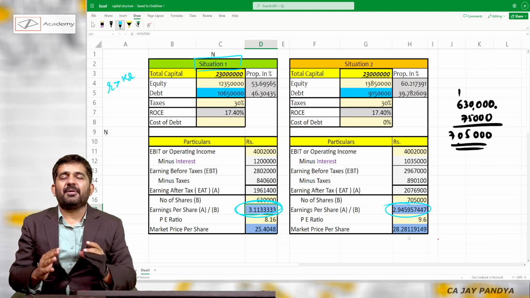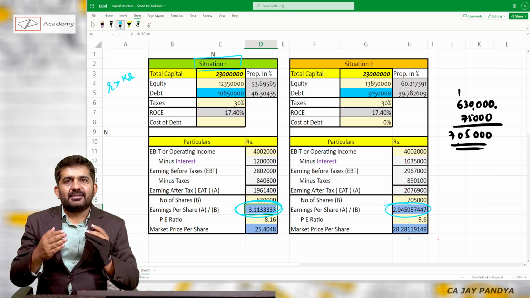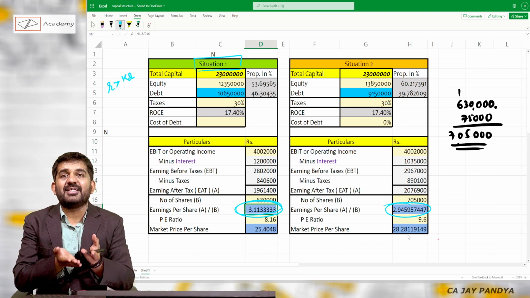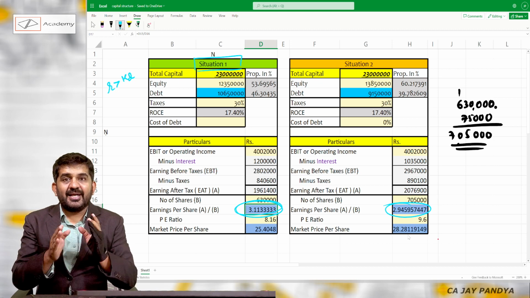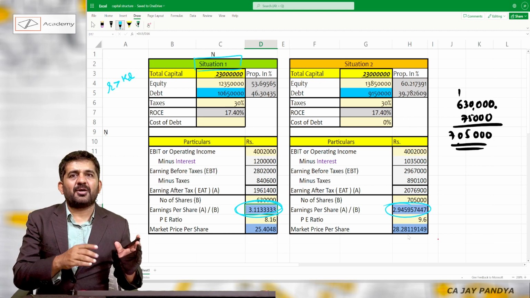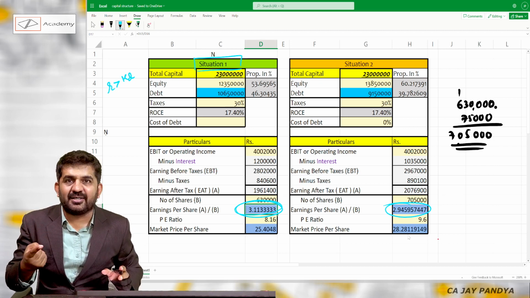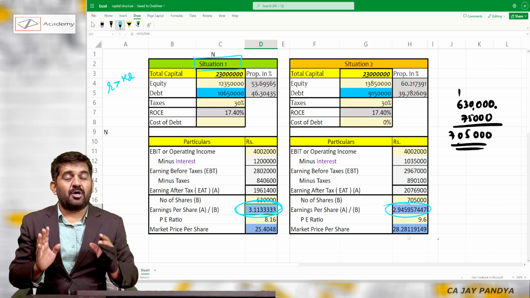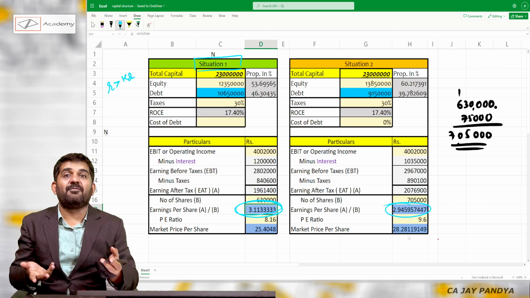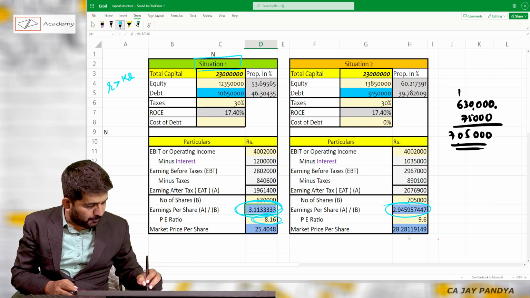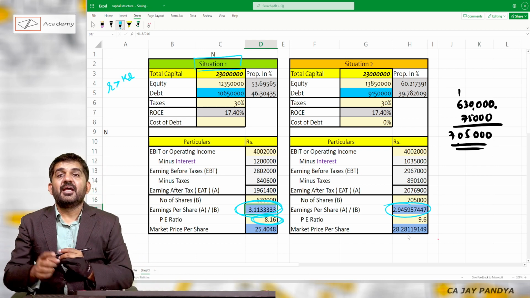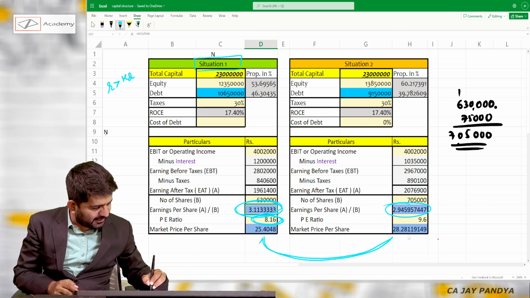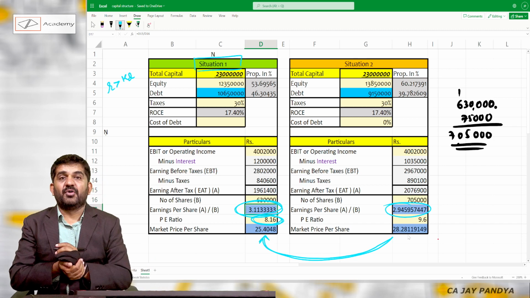But what is happening in this case is that the risk of the company is increasing because you are increasing the debt proportion, and so your equity shareholders came to know that you have increased the risk, so they have reduced the PE ratio. Your PE ratio is reduced by 15%, which became 8.16. Because of that, your MPS is comparatively lower in plan number 1.